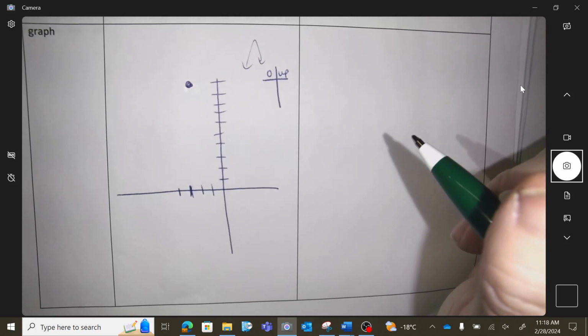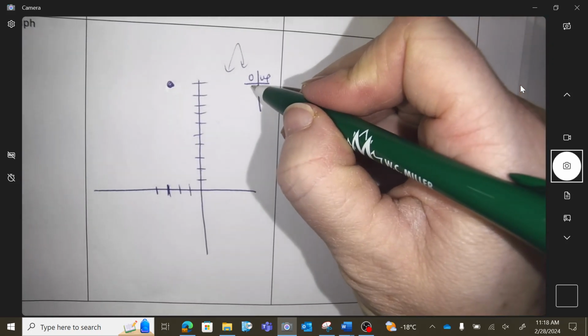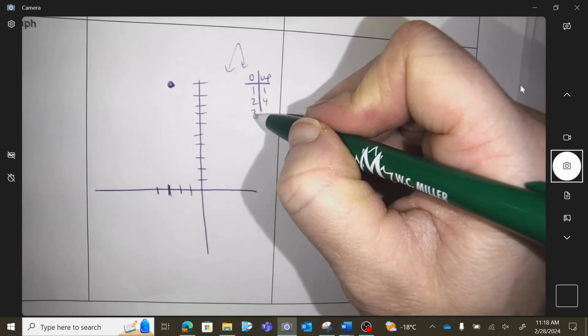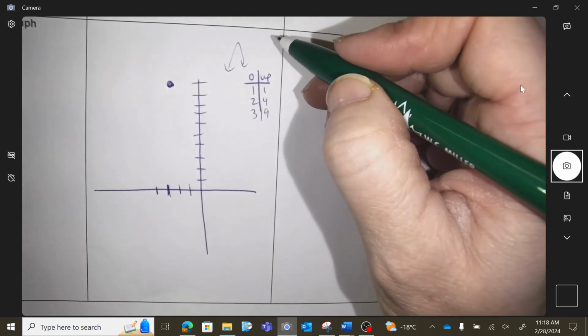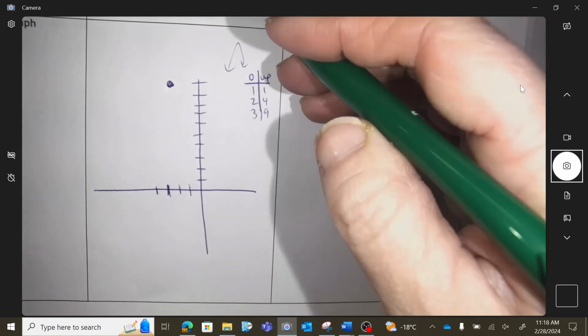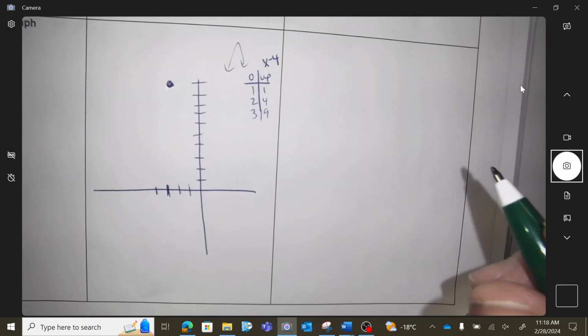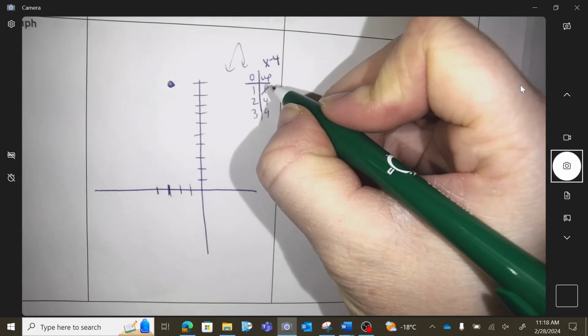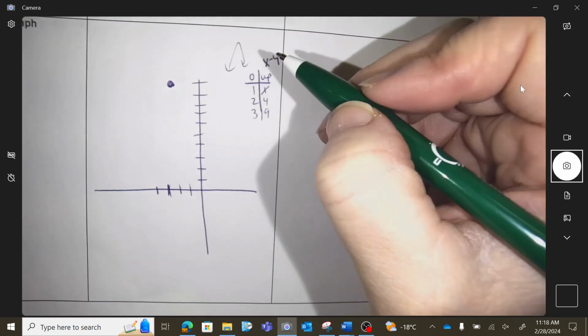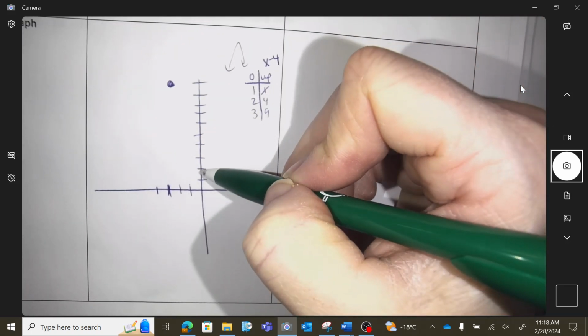And then what's the normal pattern? 1, 1, 2, 4, 3, 9. But I'm going to have to multiply it by a -4. So instead of going 1, 1, I'm going to go 1 over and 4 down.